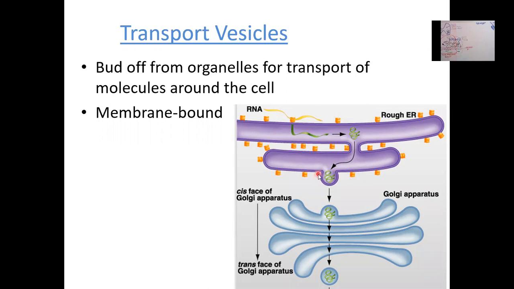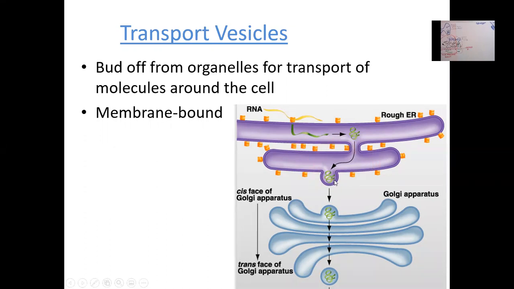Once these two portions of phospholipid bilayer touch each other, it forms a droplet of oily phospholipids. Inside this droplet is, of course, our protein. So we form transport vesicles literally out of the membrane of the rough ER.